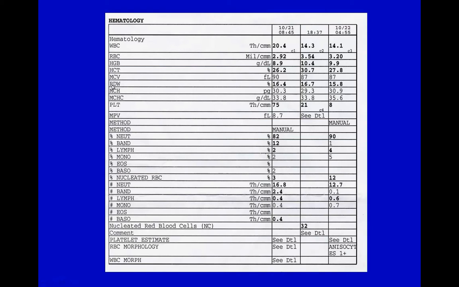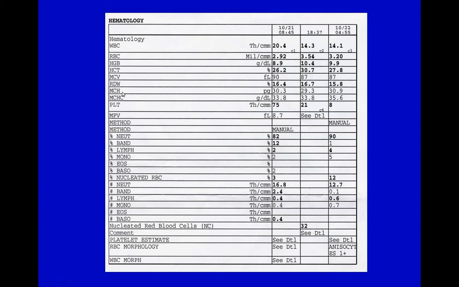The red cell distribution width tells me about the width of a red blood cell, and I bet you can remember in high school biology or anatomy talking about diseases that change the shape of a red blood cell, like sickle cell anemia. There are other ones, but that seems to be a common one.